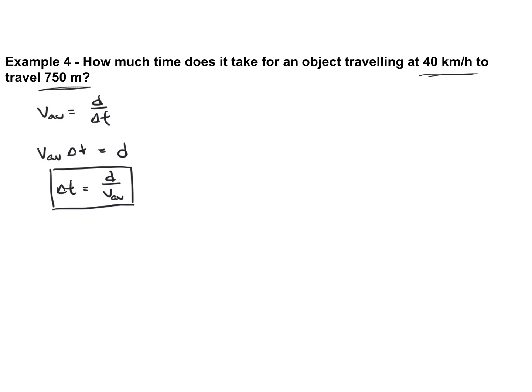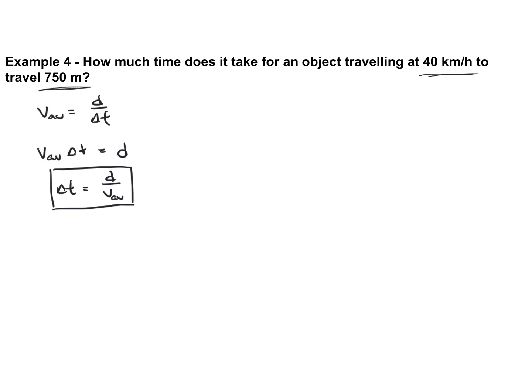How much time does it take? However, we're not ready to plug in the two numbers given in the question because the units are not consistent right now. One's in kilometers per hour, the other's in meters. You have to have consistent units before you can use the formula.